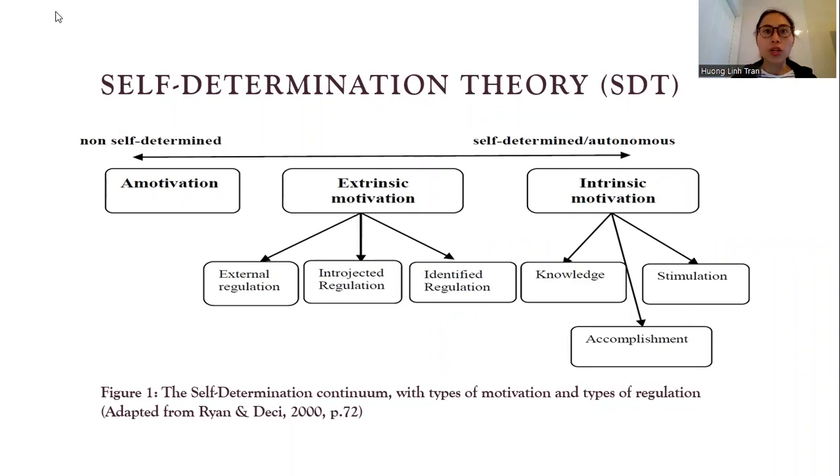And regarding the internal enjoyment or pleasure inside, we will go to the intrinsic motivation, the most autonomous or self-determined motivation within the self-determination theory. Intrinsic motivation can be categorized into intrinsic motivation for knowledge, intrinsic motivation for accomplishment, and intrinsic motivation for stimulation.